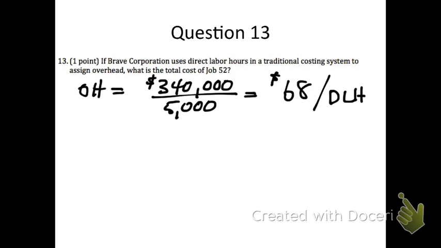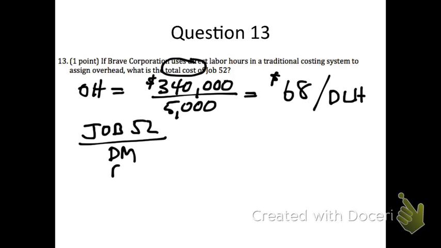Then we look at job 52, and the question says, what is the total cost of job 52? So we have to include direct materials, direct labor, and overhead.